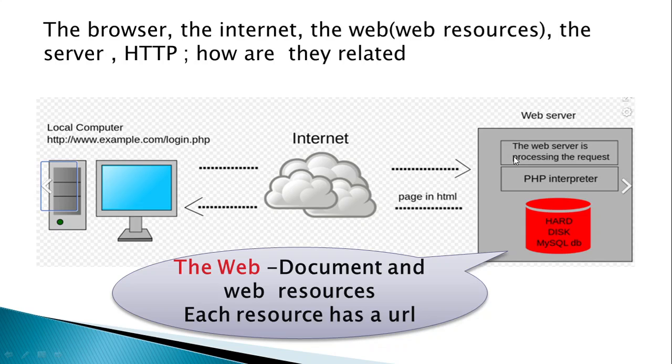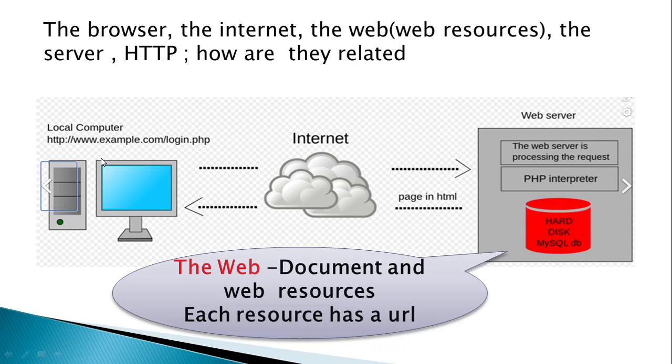The web server processes this request, and if it finds it, sends it back via the internet to the user's computer. The document that is sent is normally web documents and web resources. Each has a web address which is called a URL.